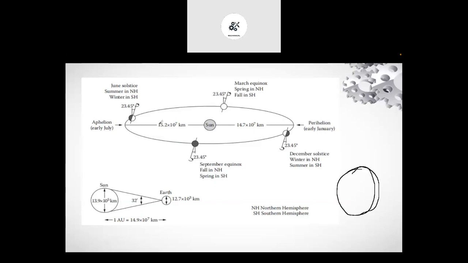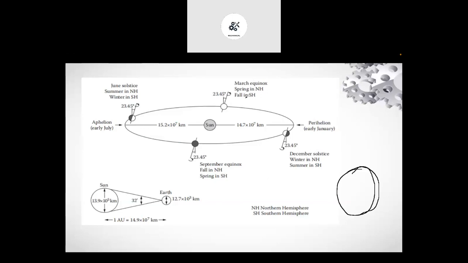Okay, so when the distance between earth and sun is maximum, those particular points are called the aphelions or solstices. Okay, and when earth and sun have minimum distance in between, those particular points are called the equinox.